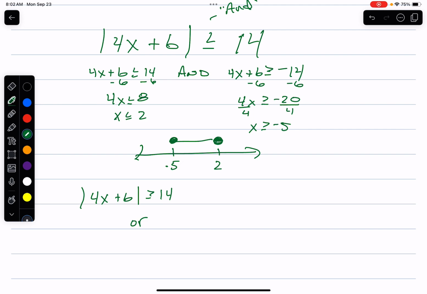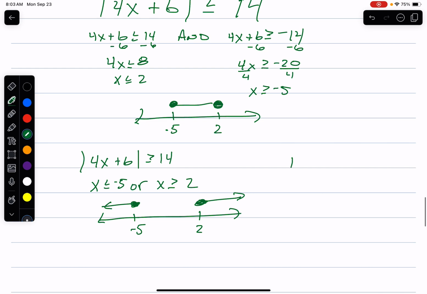So we would end up with x is less than or equal to negative 5, or x is greater than or equal to positive 2. Okay, this is review chapter 1.